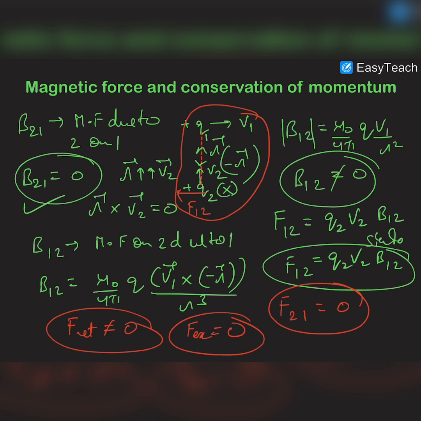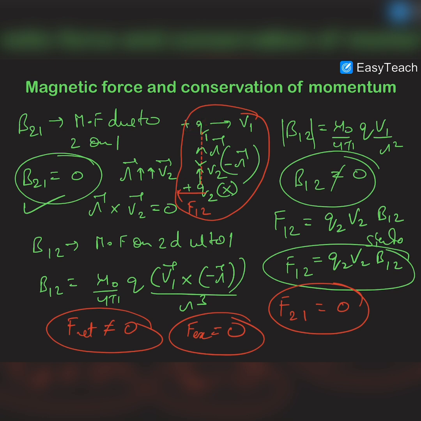Indeed, what we should do is apply Newton's third law or any law of conservation of momentum for the total electromagnetic force. So the total force acting on Q2 is this magnetic force, and some electric force will be acting on this charge Q2 also, and the force acting on Q1 is not magnetic because the magnetic force is 0.